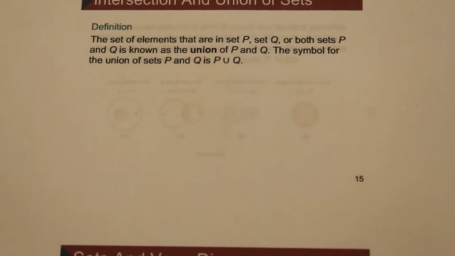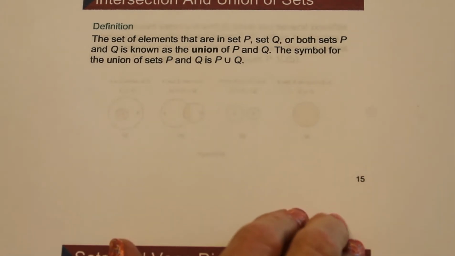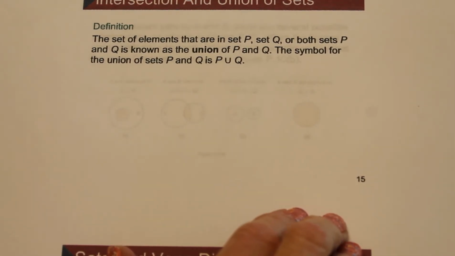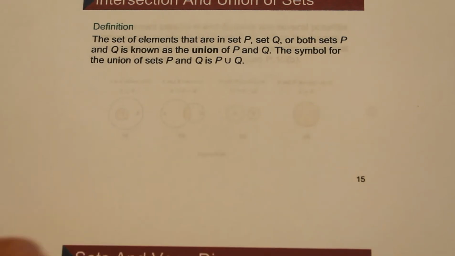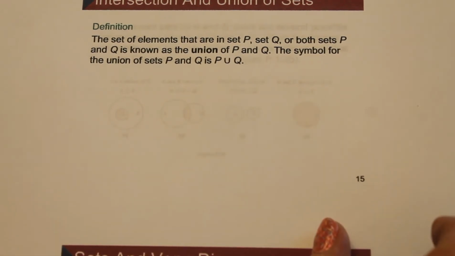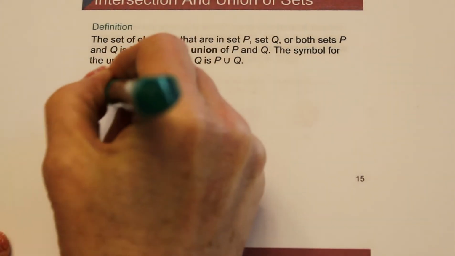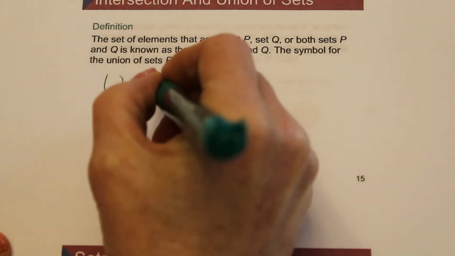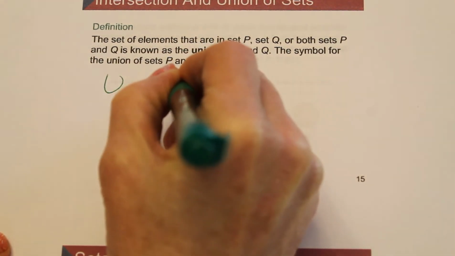Now let's talk about union. The set of all the elements in either set 1 or set 2 is called the union of the sets. And this is the union symbol. It kind of looks like the U in the word union.